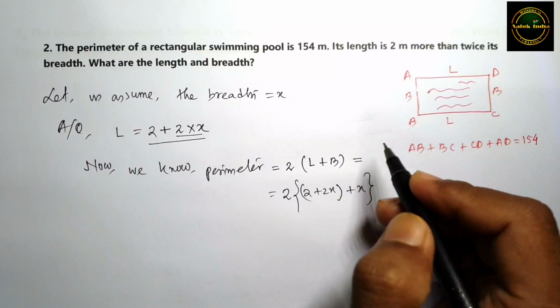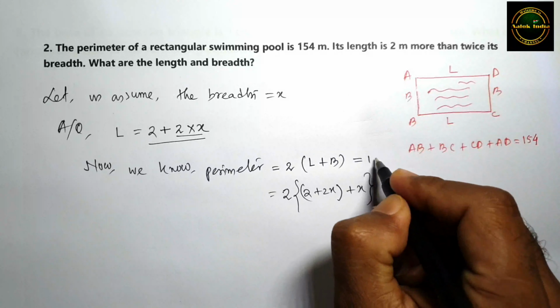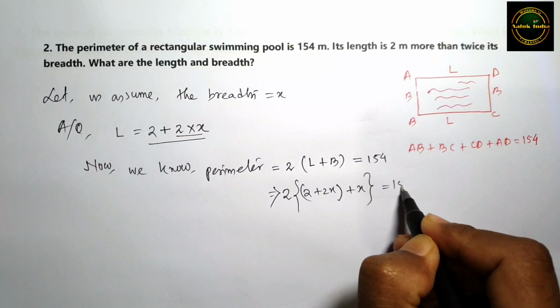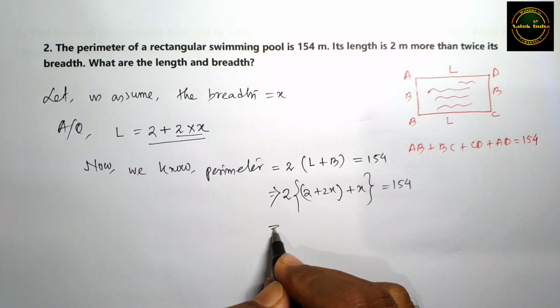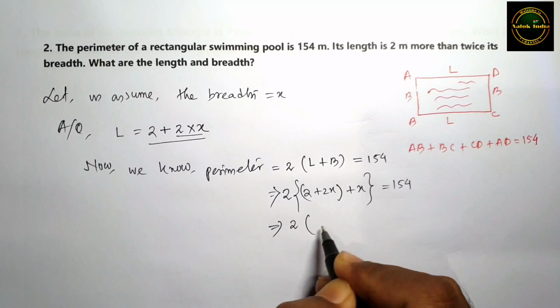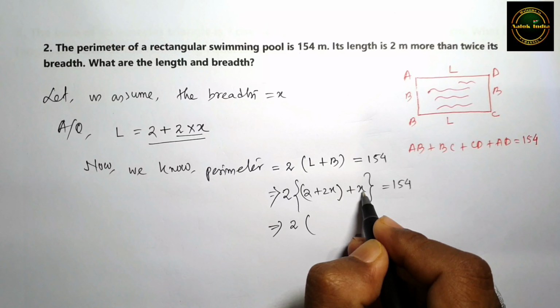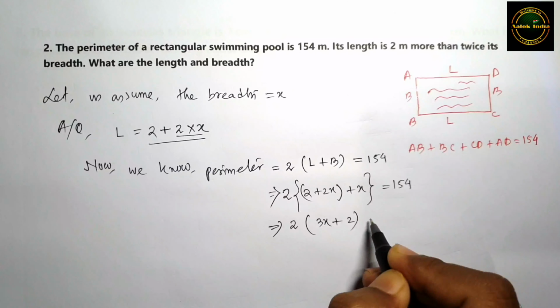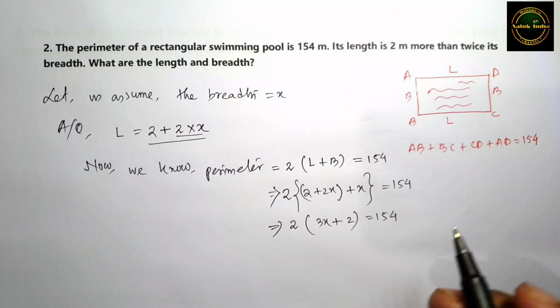and the perimeter is nothing but, as they said, 154 meter. So let us put here 154. So 2 into (2 plus 2x plus x), that is 3x plus 2, we get 154.